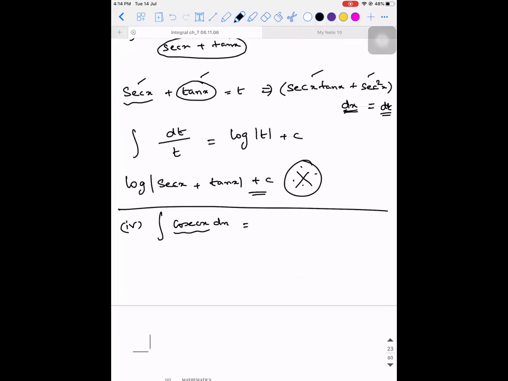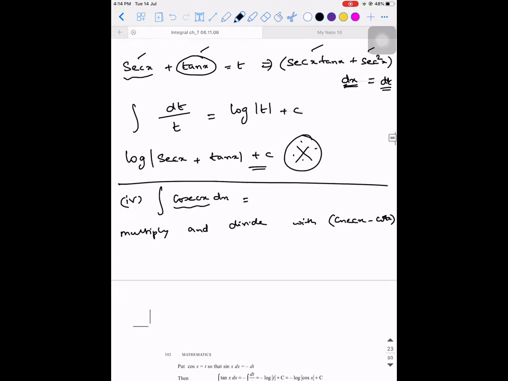Whenever you have secant square, you need a tan along with it, so that you can substitute tan as t and then proceed. Similarly, cosecant means you need a cot. So if you need a cot, what we can do is multiply and divide with cosecant x minus cot x.